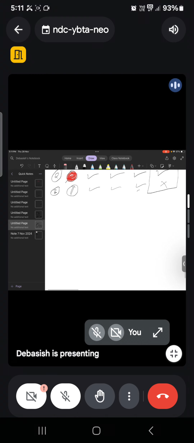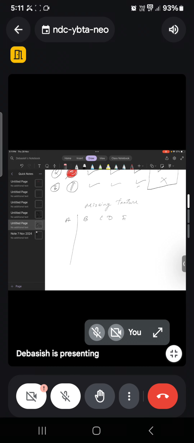Let's say we have a given data set, with columns A, B, C, D. Some values are there, I'm just writing random ones.